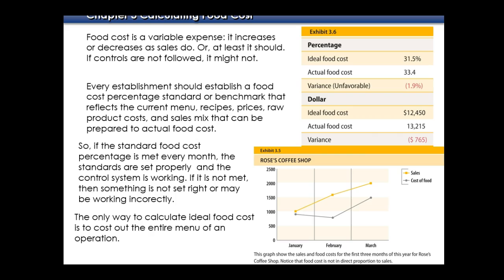By the time they added in everything else, they might not have even broken even. And then February is like the extreme opposite. Now they increased their sales by like 50%, but decreased what they brought in by almost 10%. And over here in March, that looks beautiful.